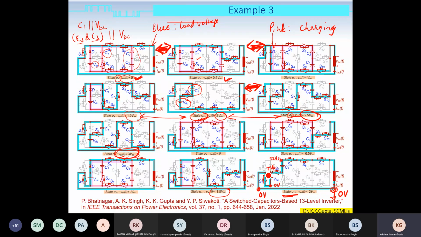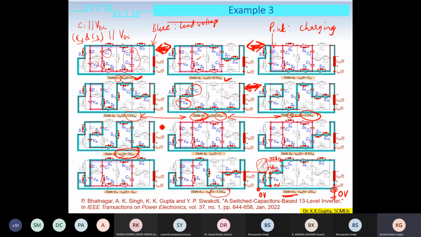So if you can find out the potential at each junction, then you can see the potential difference across all the switches which are off. For example, switch S1. One point the potential is 0, other point the potential is 2 VDC, which means that for this specific state, the voltage stress borne by S1 is 2 VDC.